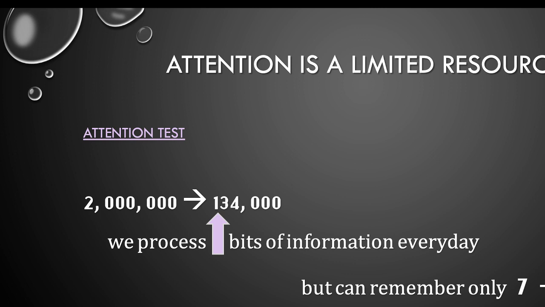But here's the thing: it's based on the filters you apply and what you're actually able to pay attention to, because attention is a very limited resource. You can only look at what you can look at. You can only smell and taste and hear and touch so many things at one time. Not only that, but without a focus, without a certain aim, you can't notice anything. It's very interesting.